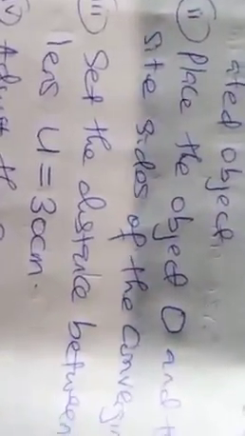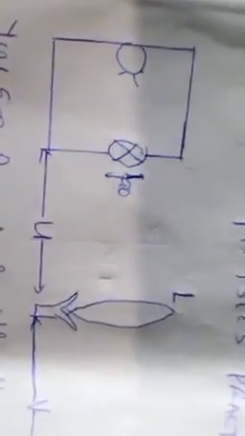Then number 3 says, set the distance between the object and the lens so that U equals 30 cm. That is, the distance between the ray box and the lens, U, is 30 cm.